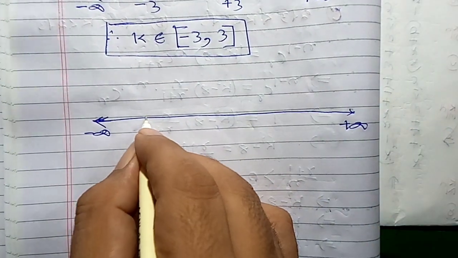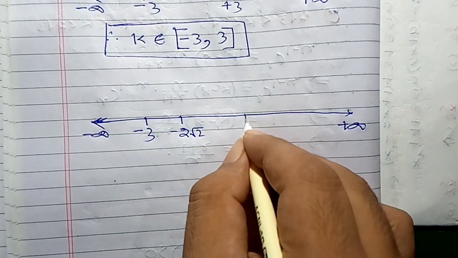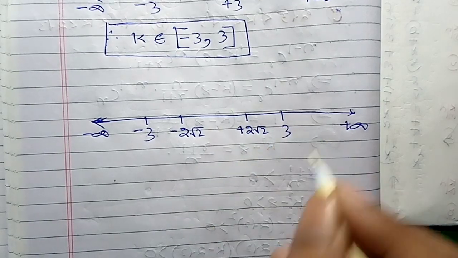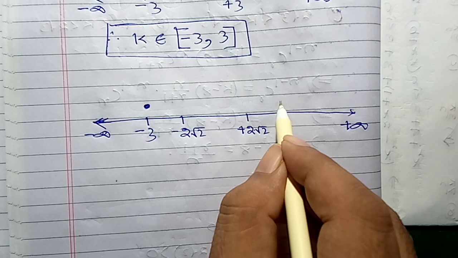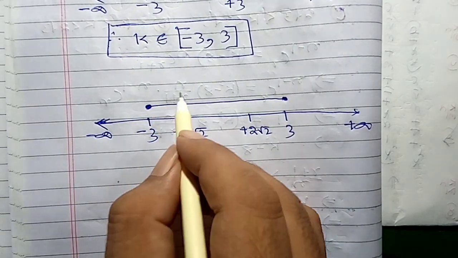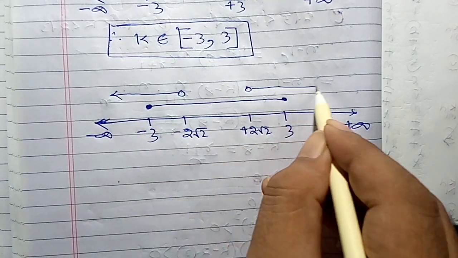Now plotting, minus 3 will be here, minus 2 root 2 will be here, here it will be plus 2 root 2 and 3 will be here. Now from 2 we have got this, and from 1 we have got this.